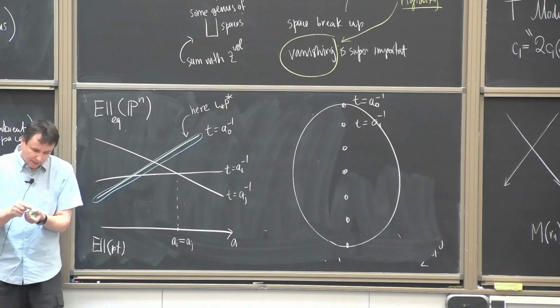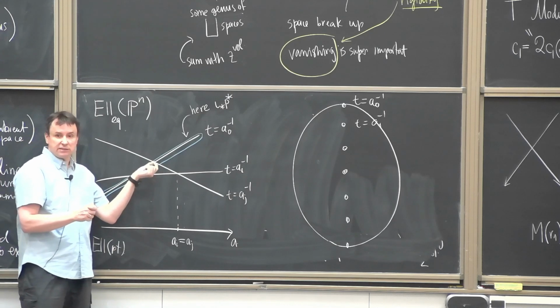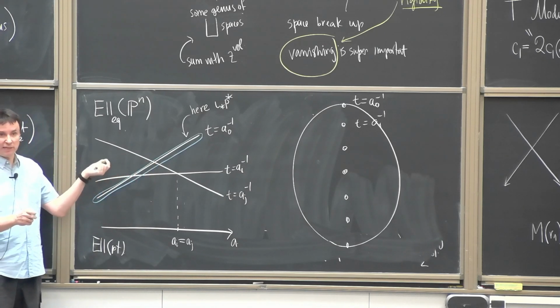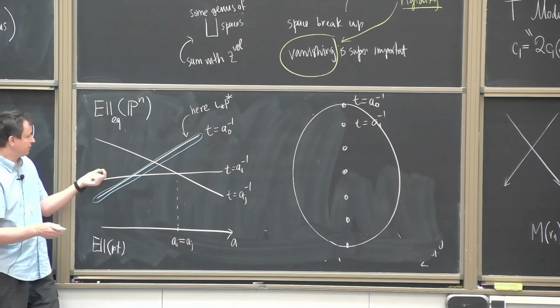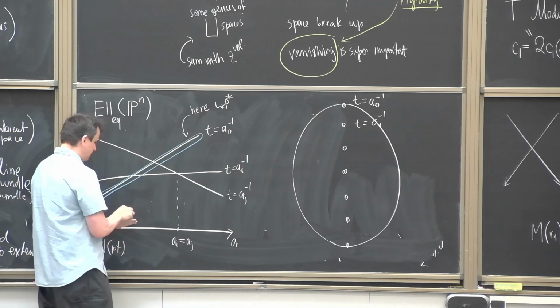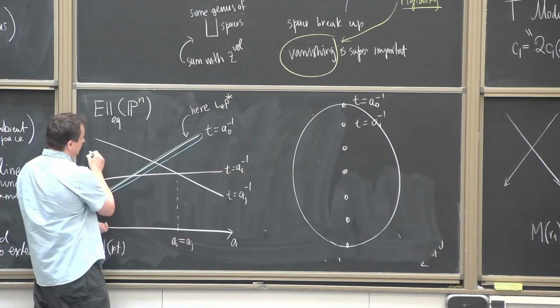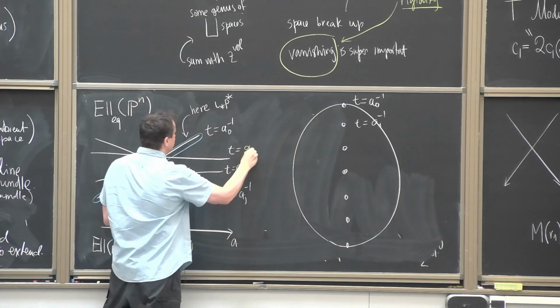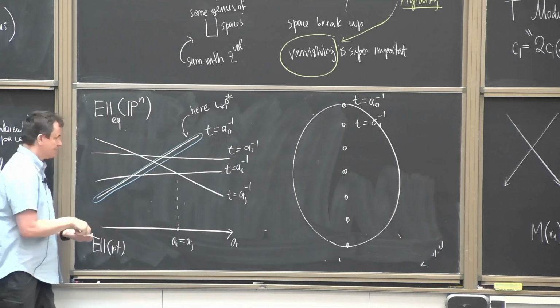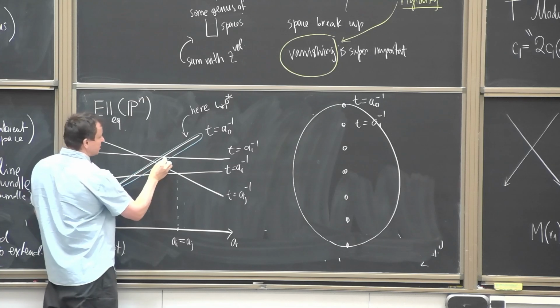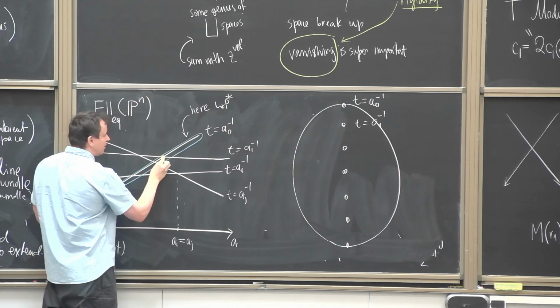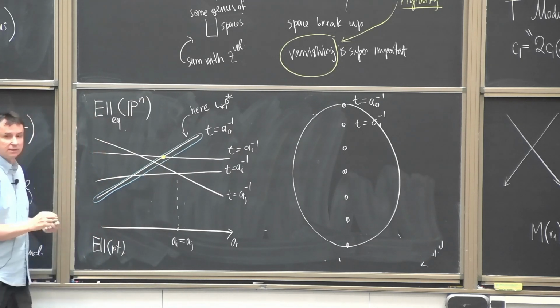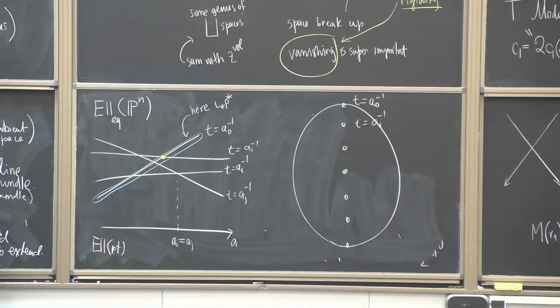Then there we're supposed to reconstruct a section of some line bundle from what? So let's say we come to the second one, t equals A_1 inverse. Here, what do we know? It's a section of some line bundle which we already know on the intersection with the first one.